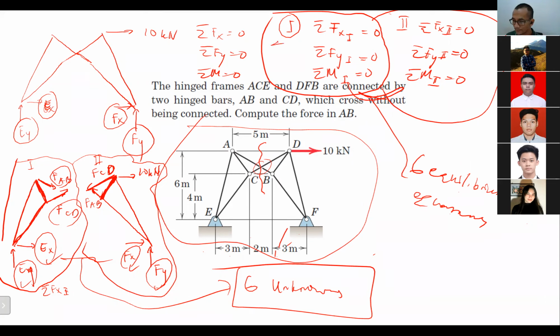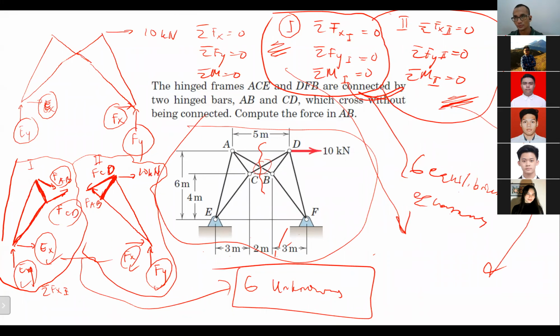So in here, there will be no Fx and Fy. Here, there will be no Ex and Ey. So what you can do, from the first free body diagram, is to try to eliminate Ex and Ey. And from the second free body diagram, what you can do is to try to eliminate Fx and Fy.